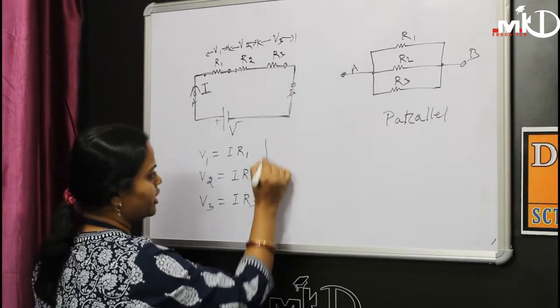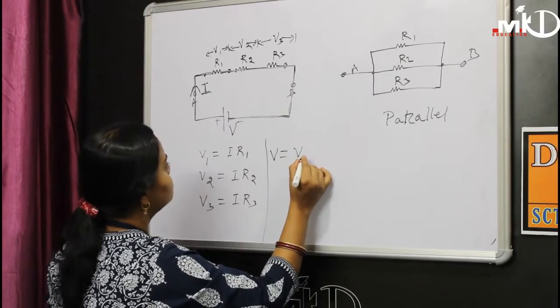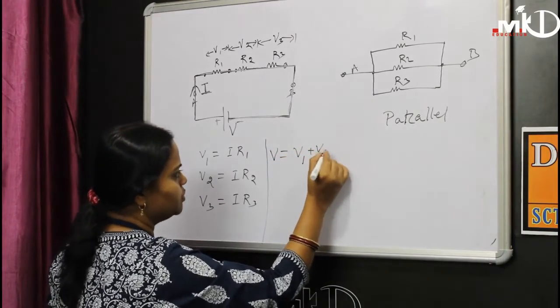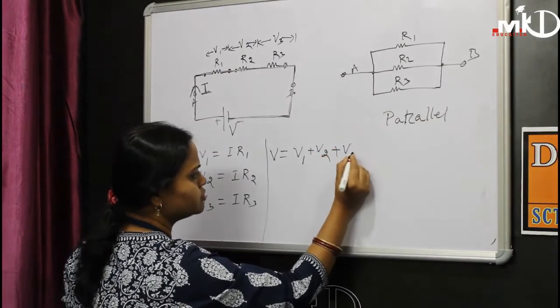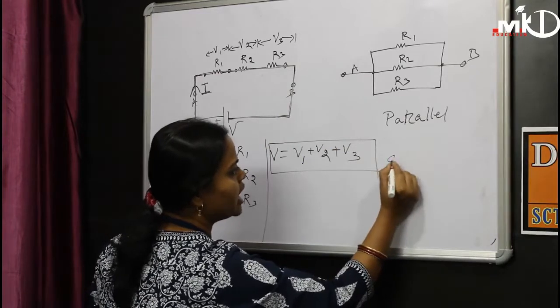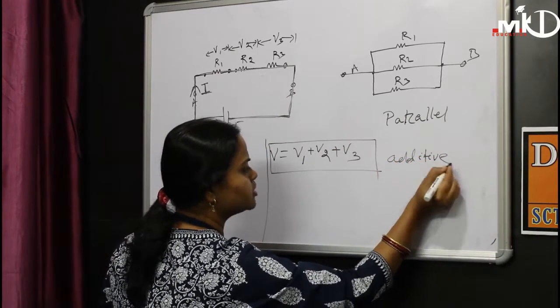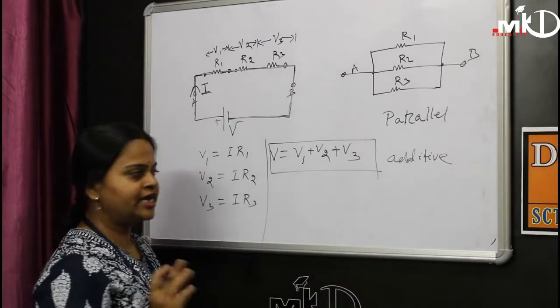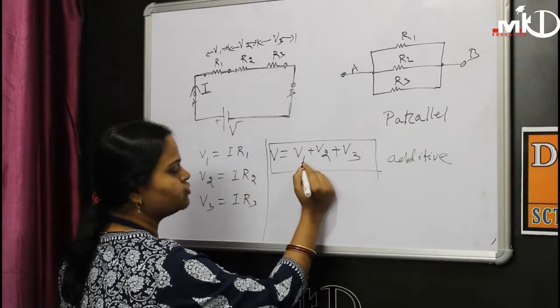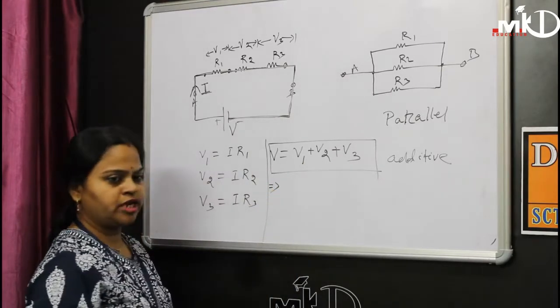And I can write the total voltage V is equal to V1 plus V2 plus V3. In a series circuit, voltage is additive. Then, what is the value of V?